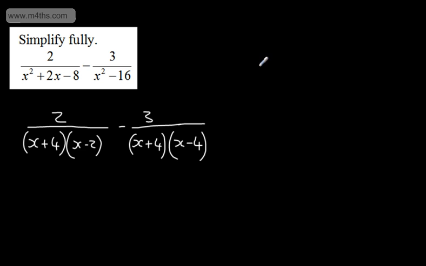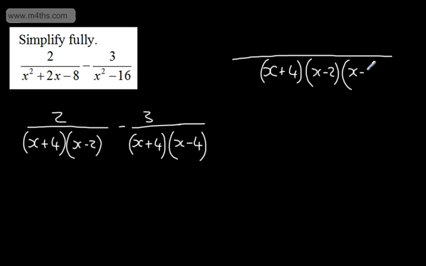That's going to give me a lowest common multiple of x plus 4 multiplied by x minus 2 multiplied by x minus 4. So that is our common denominator. So we're going to have x plus 4 in any order, then x minus 2, and x minus 4.